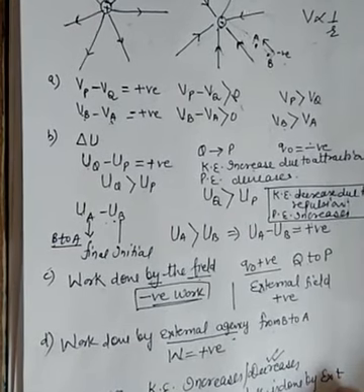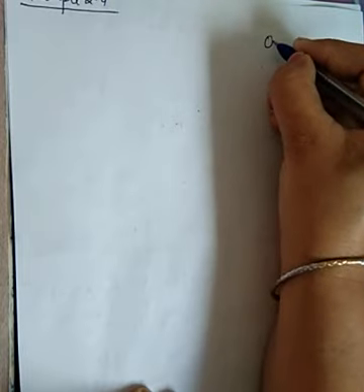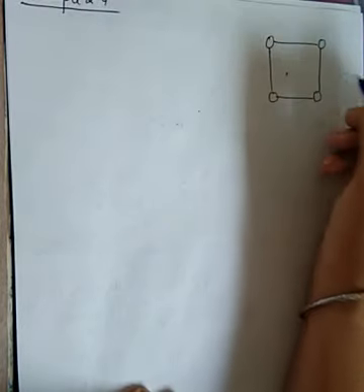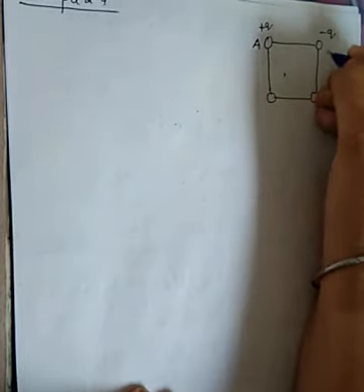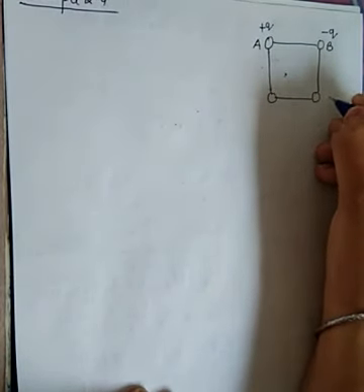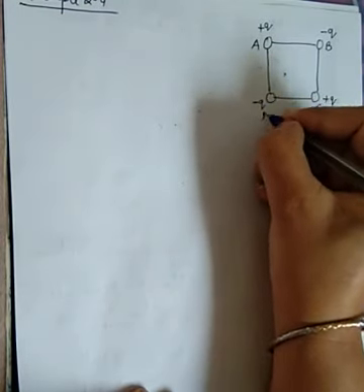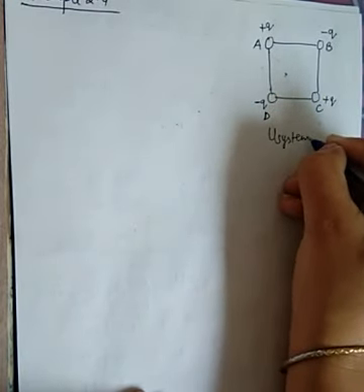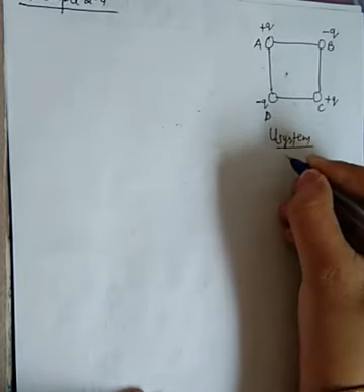Now let's do example 2.4. As per the statement given in NCERT, there are 4 charges: plus Q at A, minus Q at B, plus Q at C, and at last minus Q at D. We have to find the potential energy of the system to assemble these charges at their respective positions from infinity.